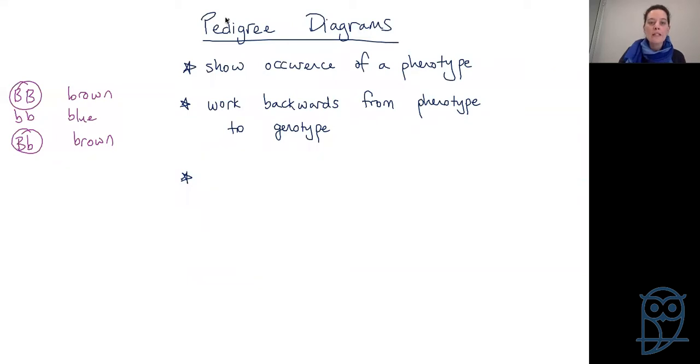Because the phenotype of both of these two different genotypes is the same. So in order to work backwards from the phenotype to the genotype, we have to look at two things. We have to look at the recessive phenotype.